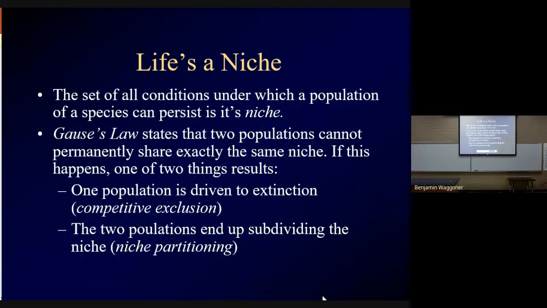The set of all conditions under which a population can persist is called its ecological niche. And when I teach 1400, the way I explain it is by a non-marine metaphor. Imagine that it's spring and you're going to the plant outlet to buy some plants.